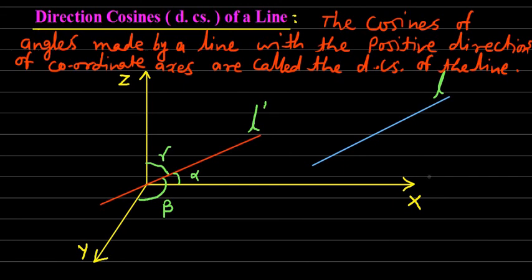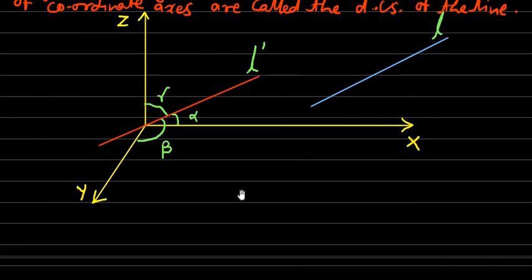Next. Now obviously if alpha, beta and gamma are the angles made by line L with the positive directions of x, y and z axis, then what are the direction cosines?